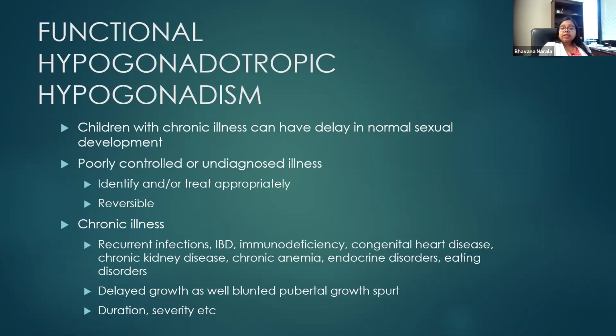So these kids, even if they do go through puberty, sometimes they may have delayed growth as well as a blunted pubertal growth spurt. The whole 25 to 28 centimeters that I told you, they may not always get to that. So it just depends on how long they've had that illness, how well it is being treated, how severe it is, and how compliant they are with treatment, I guess.